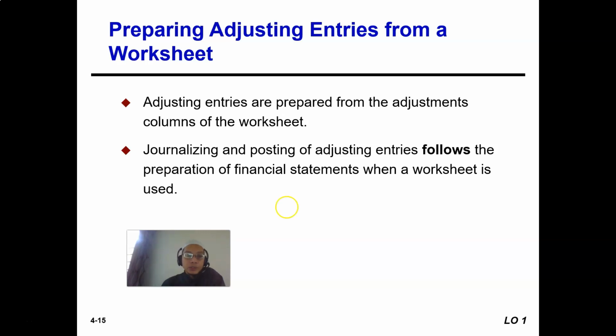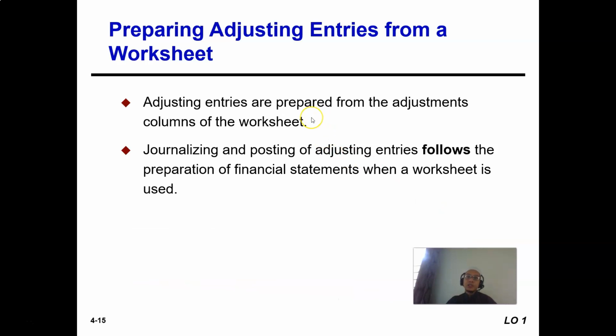Okay, so adjusting entries are prepared from the adjustment columns. When we use a worksheet to prepare the adjusting entries, we can refer to our worksheet. It says here, journalizing and posting of adjusting entries follows the preparation of financial statements when a worksheet is used. When we use a worksheet, we have the option of delaying the posting of adjusting entries, even after we prepare our financial statements.